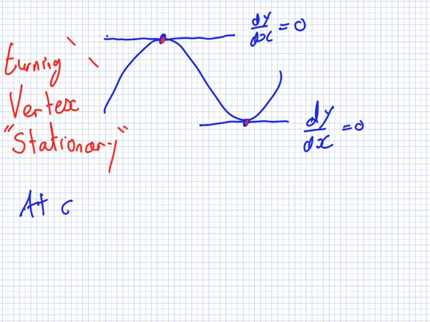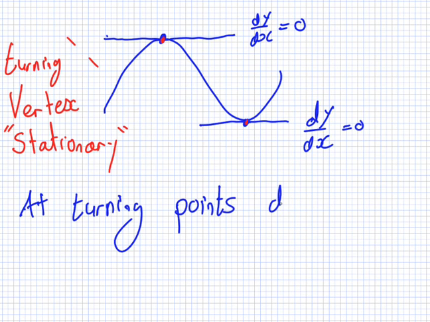So at turning points, the slope of the tangent will be 0.